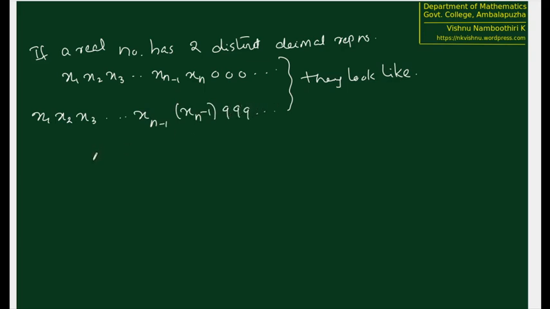These are the only two possible representations of a real number, and these two representations will occur only if one of the decimal representations terminates after a finite number of places. So the conclusion is the following.